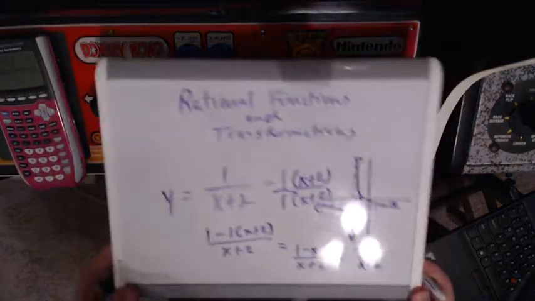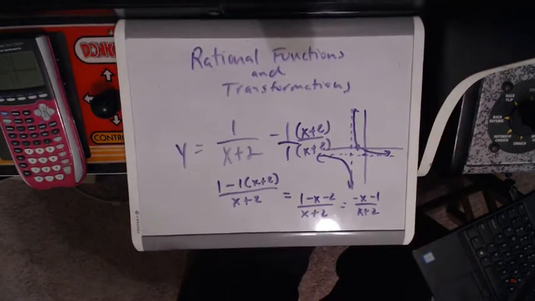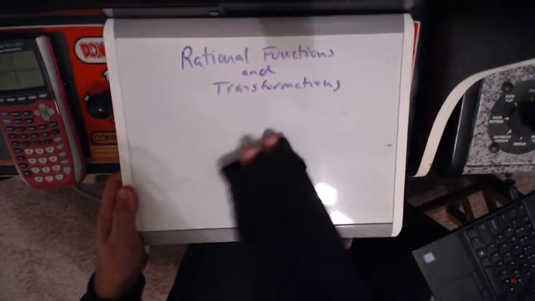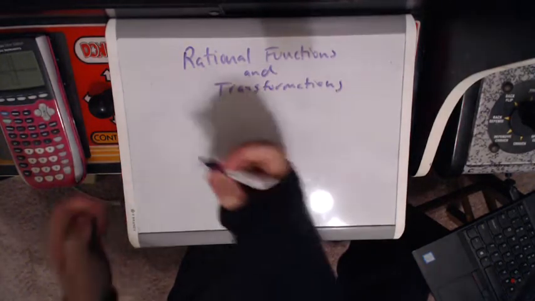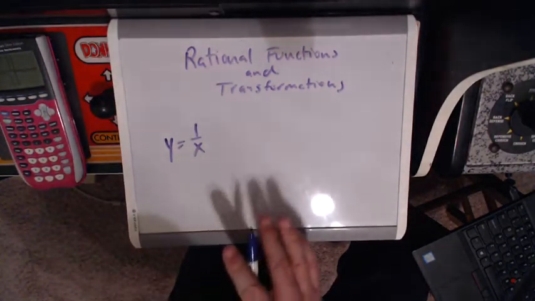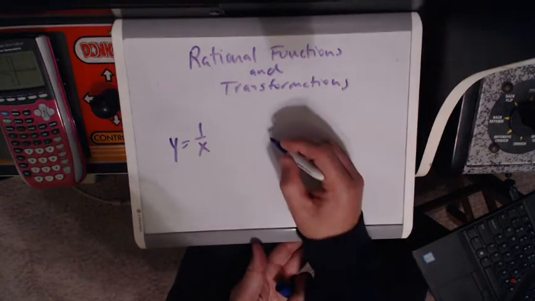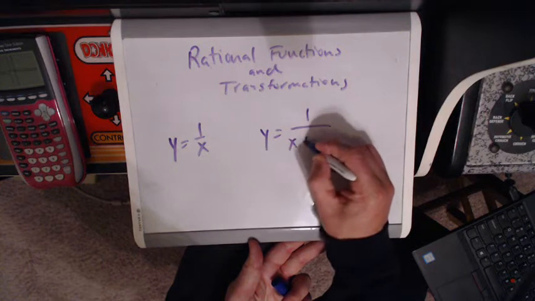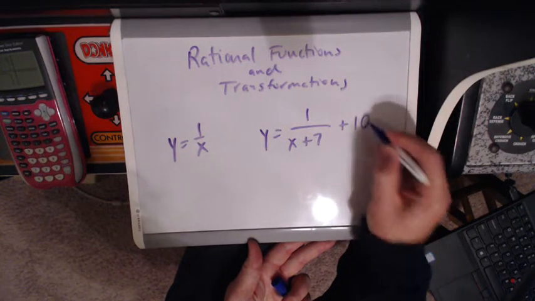But I'm just trying to tell you, just a real quick rule. If you ever have a parent function y equals 1 over x, and you transform it, you can easily see the asymptotes and all that stuff. So one more time, y equals, let's say, 1 over x plus 7, plus 10.